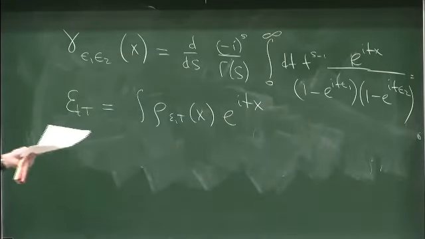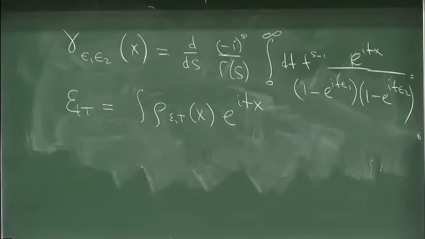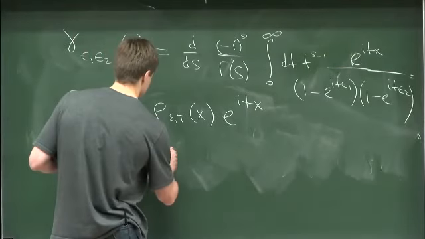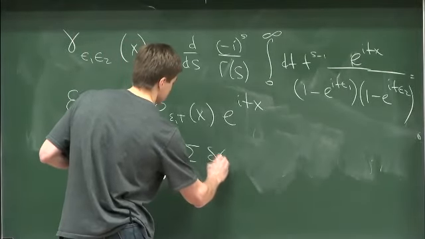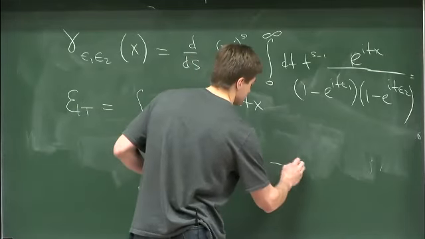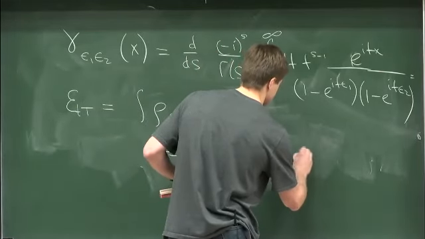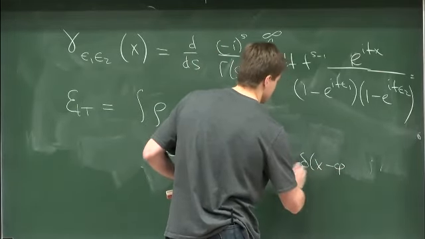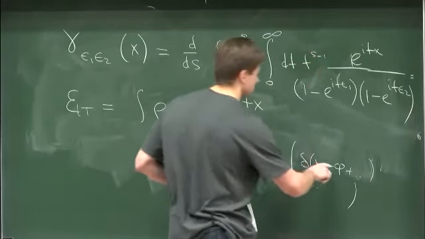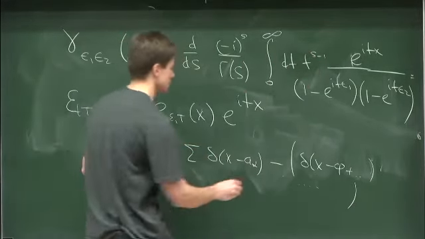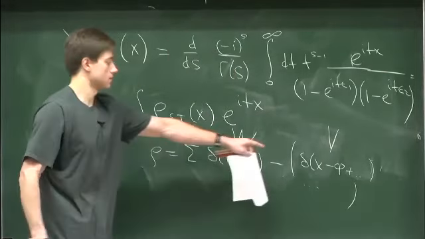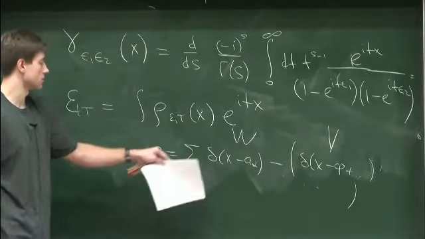Well, in practice, for a finite number of instantons, the density is just the sum of delta functions, like delta of x minus a alpha, delta of x minus phi, and so on. Some delta functions corresponding to the V term are written here, and the W term are written here.